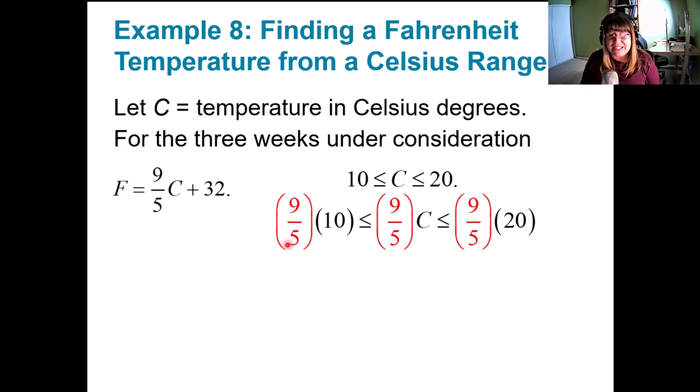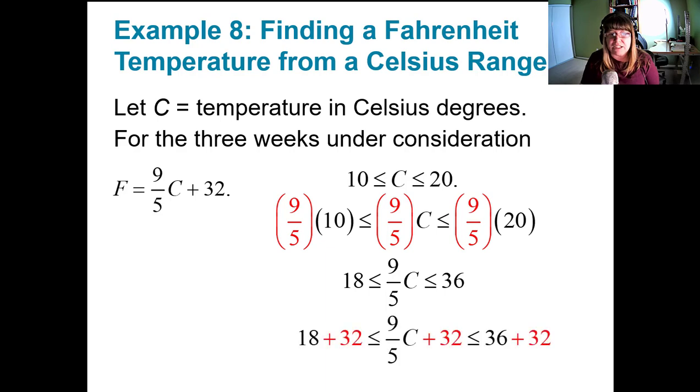The good news is 5 and 10 reduce, so I get 9 times 2 is 18, and 5 and 20 reduce, so that's 9 times 4, which is 36. So we have 18 is less than or equal to 9/5 C is less than or equal to 36.